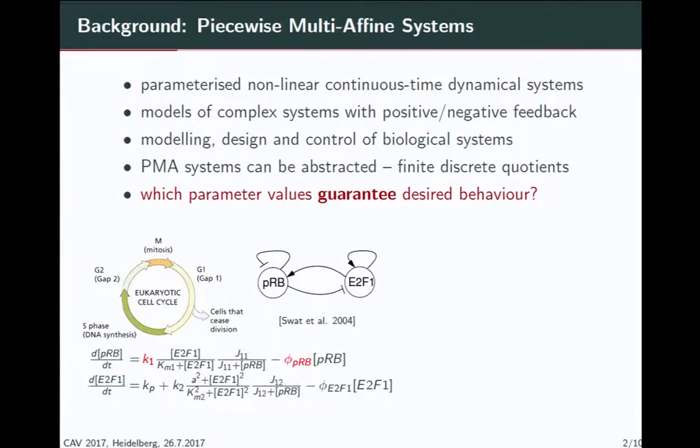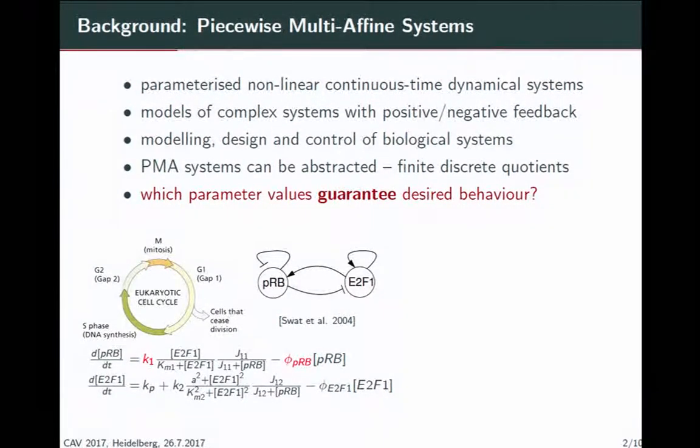So then we can take these piecewise multi-affine functions, abstract them by finite discrete quotients that we can analyze by formal methods.